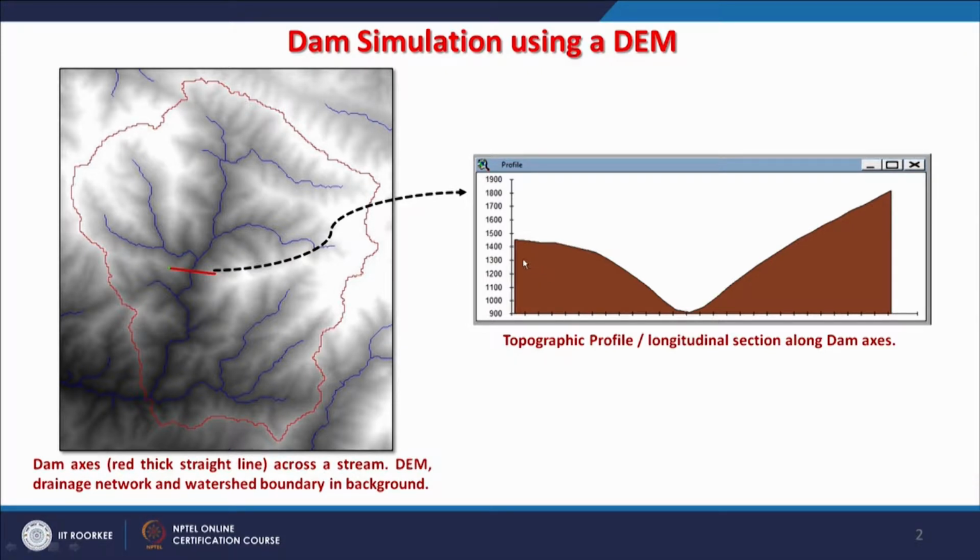Based on this, if I keep the water level at 1400 meter in this particular example, then water will remain between these two mounts or high areas, and I can fill or simulate the reservoir here. So based on the topographic profile, I can decide the height of the dam.